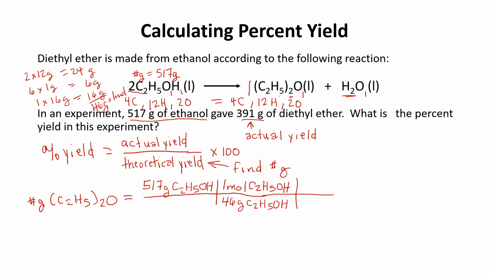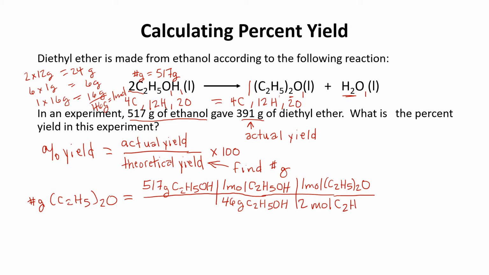So the mole ratio here is for 1 mole of diethyl ether. Let me write that here. That has 2 moles of ethanol.